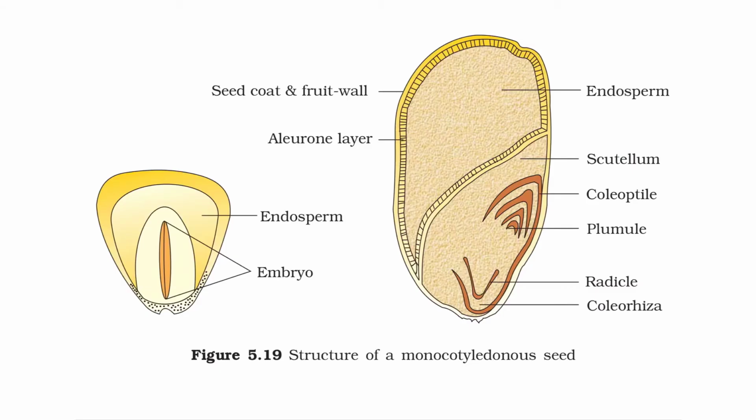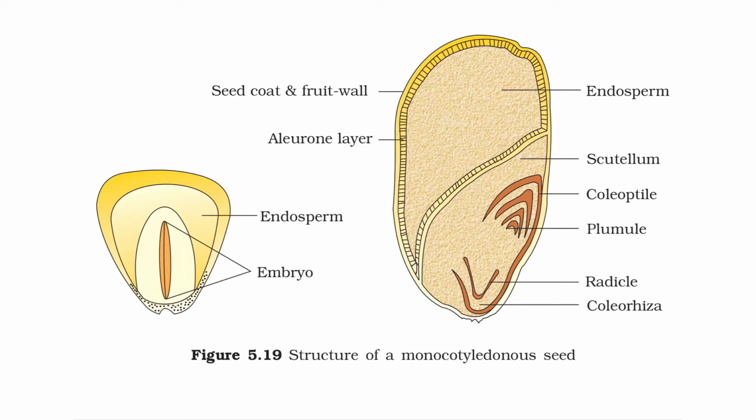This I will show you in the diagram. When you see the structure of monocot seed, this is the front view, which is the first one. Here the endosperm part is present at the upper end and the embryo is shown very clearly. When the same seed is cut, we can differentiate the different parts. The endosperm is large, almost 2/3 of the seed.